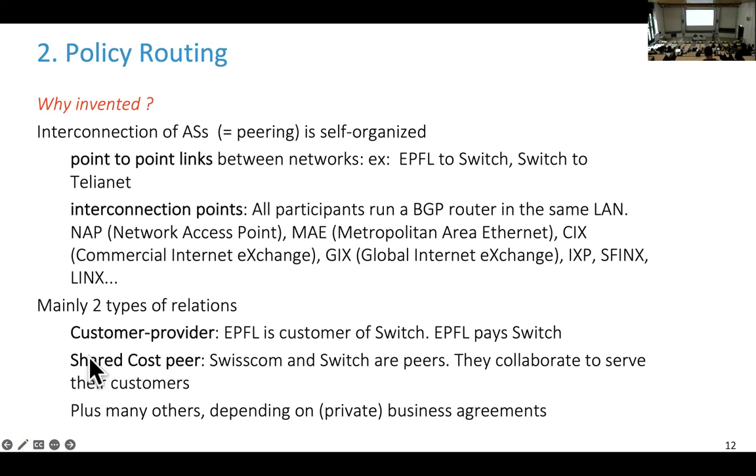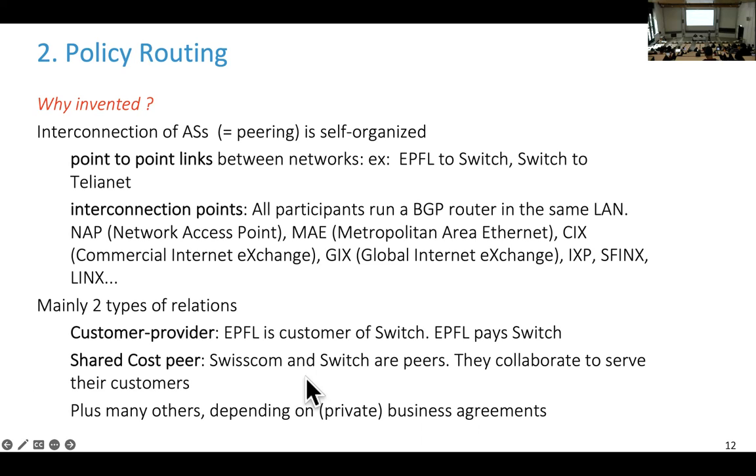Normally, if you have two equal size providers, they might decide not to pay each other anything and only divide the cost of, for example, a link between them. Most of the time, you have a provider that is much smaller than another provider.